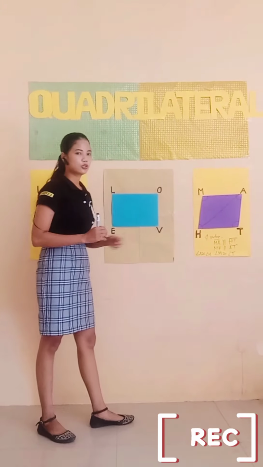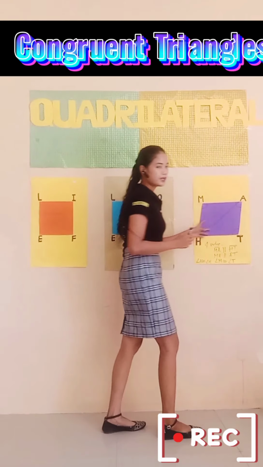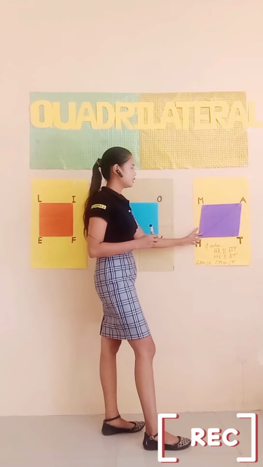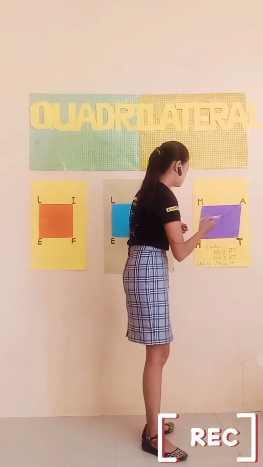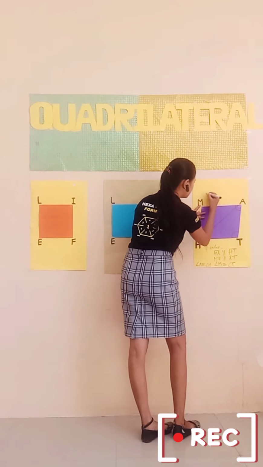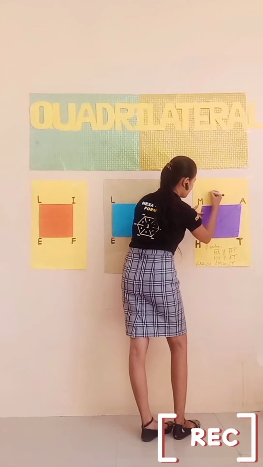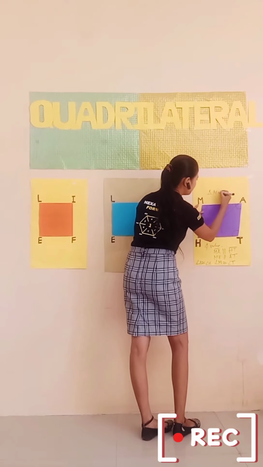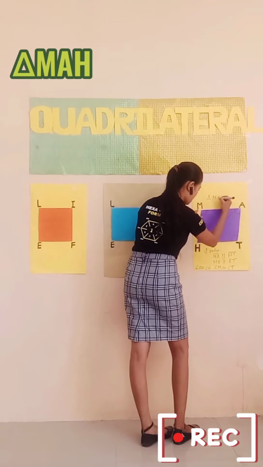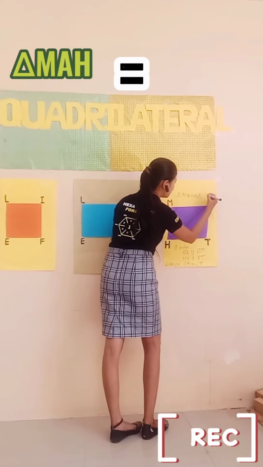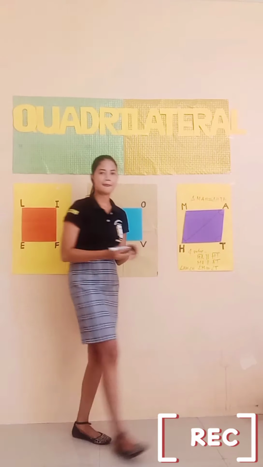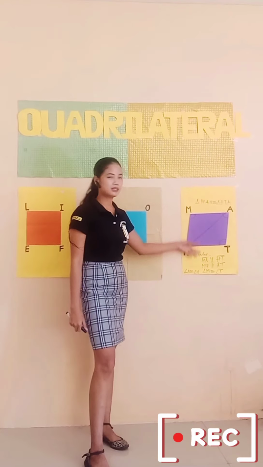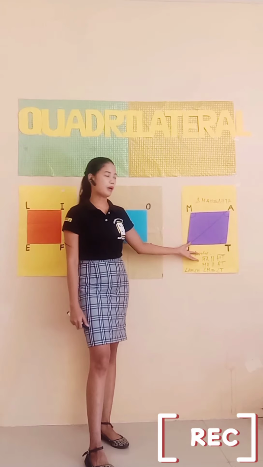We can see two congruent triangles will be formed in a parallelogram, such as triangle MAH congruent to triangle FCA. Remember that this property is just the basic property of a parallelogram.